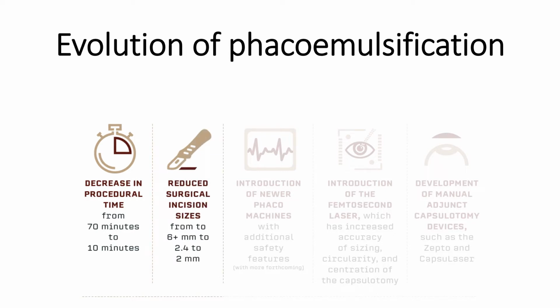The incision size has reduced from 6 plus millimeter to 2.4 to 2 millimeters, and it not only sounds good, but it also gives an opportunity for a very stable incision which doesn't need sutures and a rapid healing and rehabilitation time.